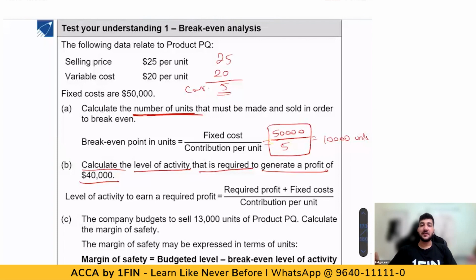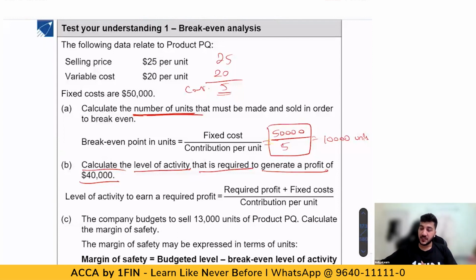Now, when you say that I want to cover my fixed cost and I also want to get profit, even that profit becomes a commitment, isn't it? Just like the fixed cost. So just add that to the fixed cost. Whatever profit you want, add it to the fixed cost in the numerator. Just like how you want to recover the fixed cost, you will also recover that profit. As easy as that.